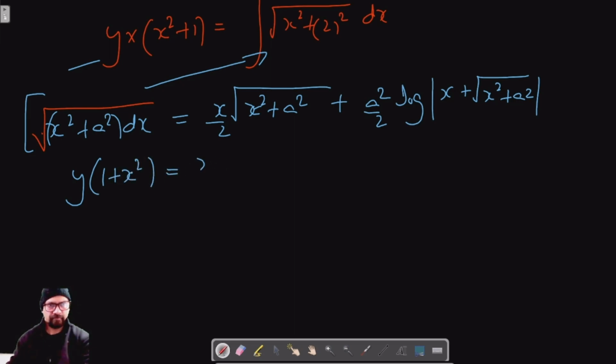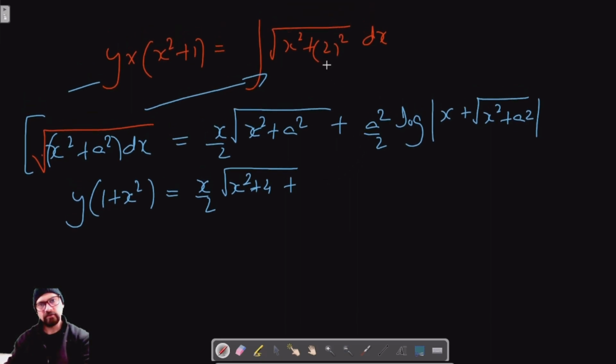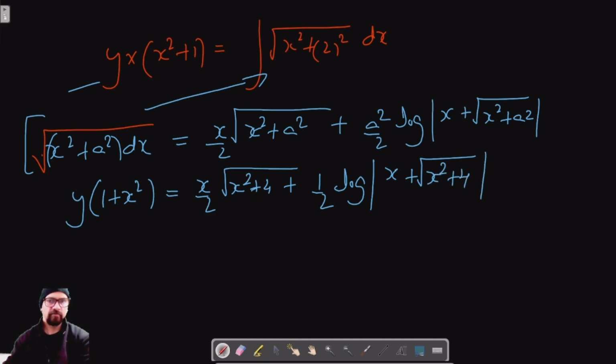which is equal to x by 2 into under root of x squared plus a squared, which is x squared plus 4, plus a squared by 2 log of x plus under root of x squared plus a squared, which is 4, plus c.